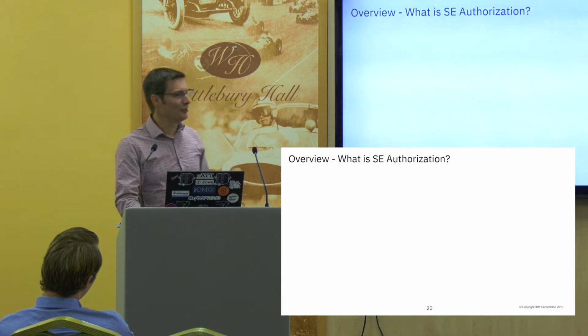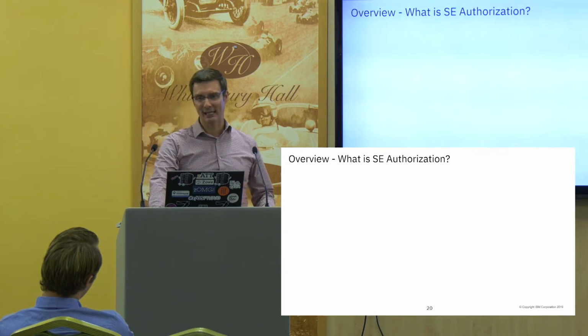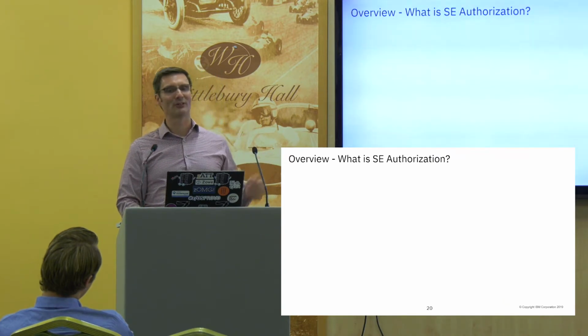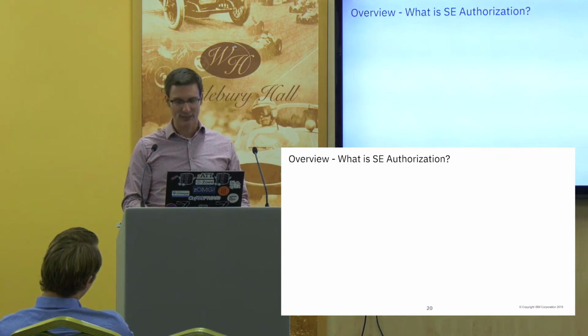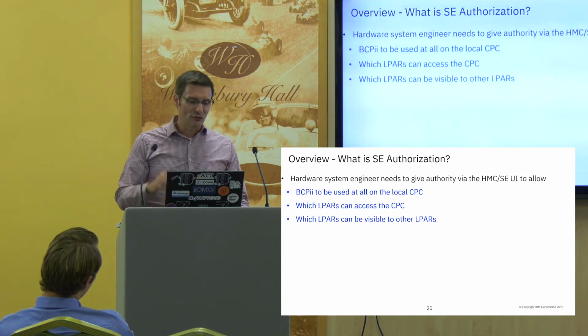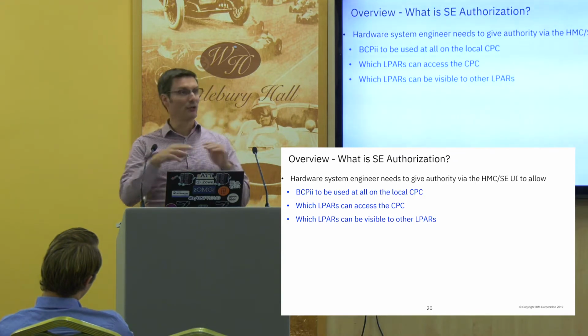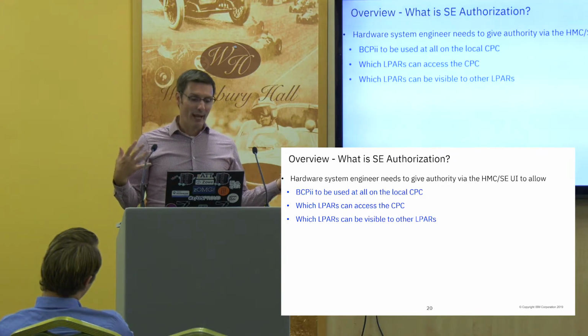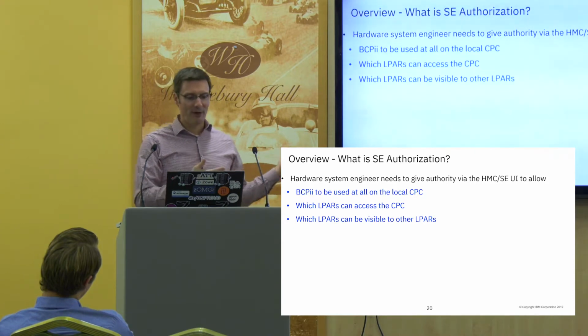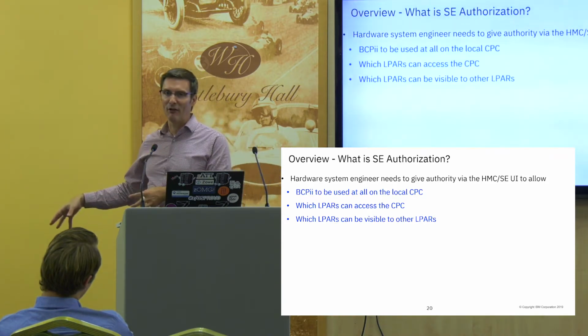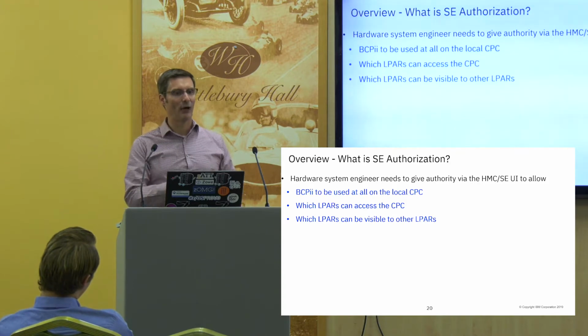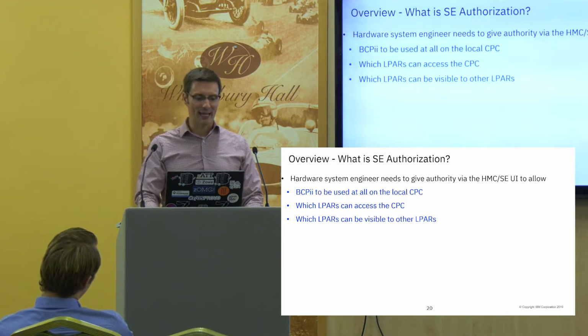And the third authorization you need to have is from your SE. The person that has the authority to log on to the UI, and actually the admin for your HMC, needs to give authority via that UI to allow BCPii to be used at all, and to give authority to which LPARs can access the CPC itself, and to which LPARs can access LPARs. So what do I mean by CPC and LPARs?